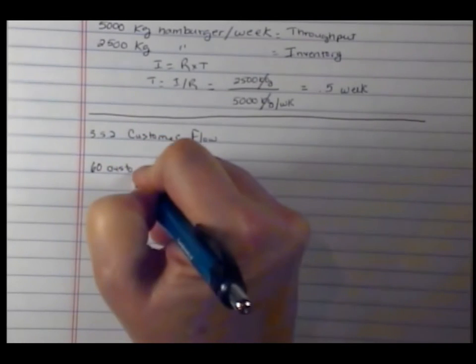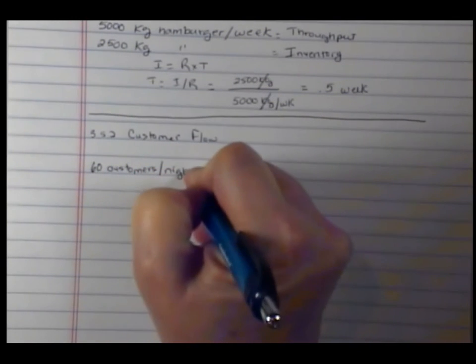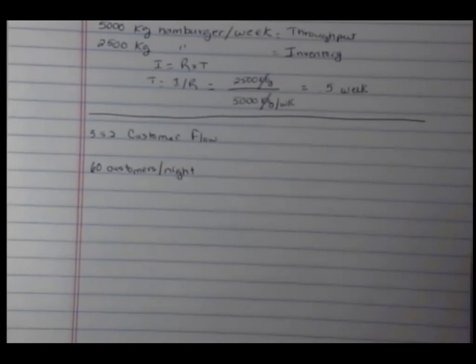If I say customers per night, my inventory would only be in terms of customers. My flow time is only going to be in terms of time, and my throughput is going to be in terms of units per time. So what is it? It's not inventory, so it will be throughput.